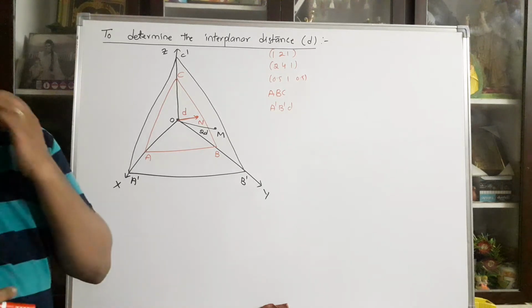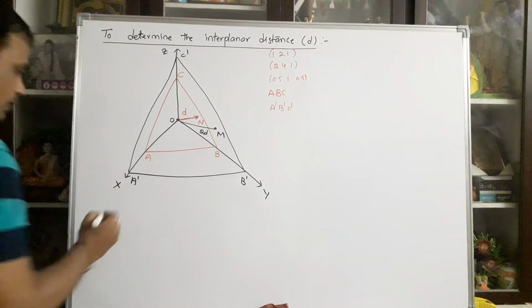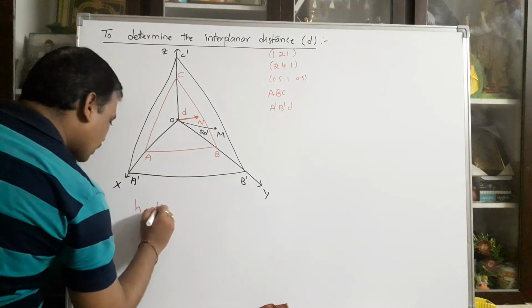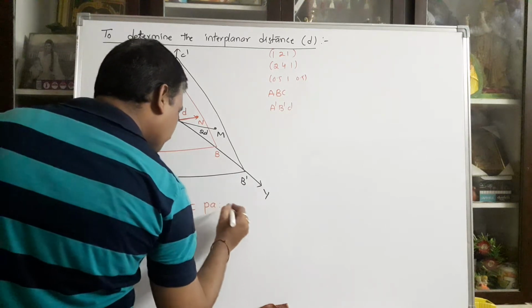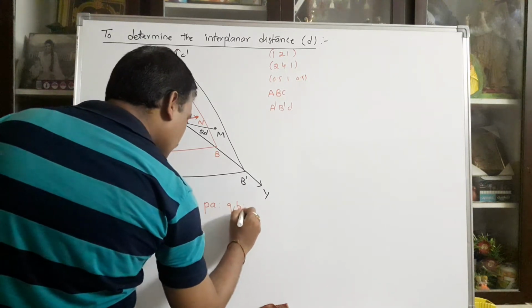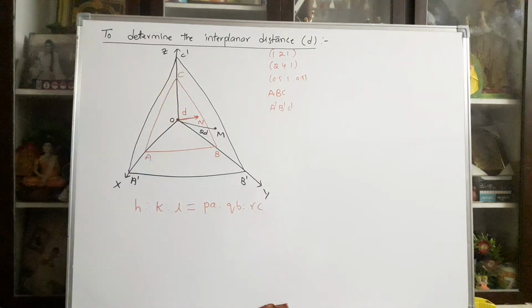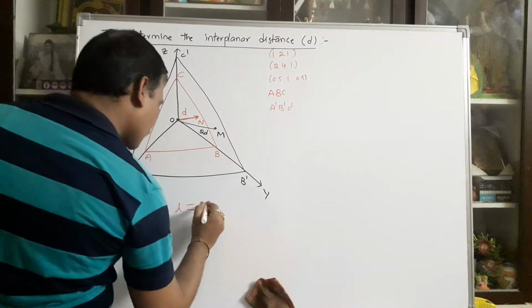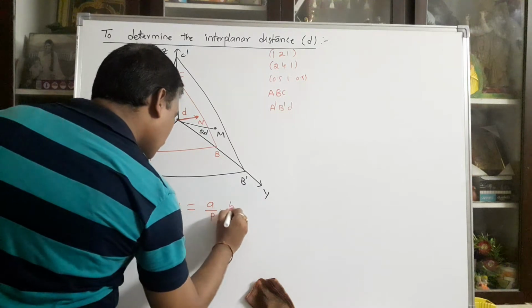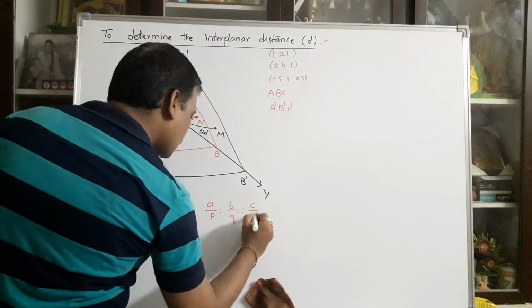According to our calculation point of view, you know that h is to k is to l can be taken as a by p is to b by q is to c by r.